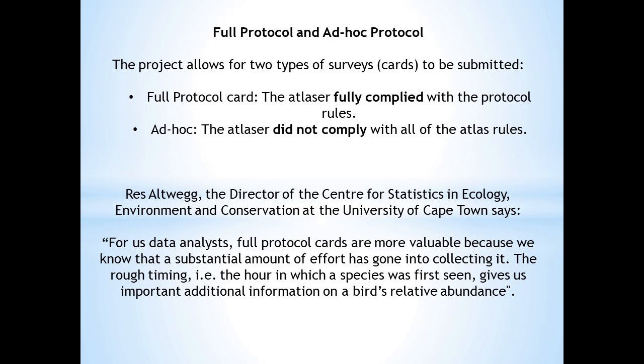For example, if we have 10 full protocol lists for a pentad, researchers can be more confident that most of the regular species have been recorded than if only one full protocol list was submitted. Rhys Altwick says, for us data analysts, full protocol cards are more valuable because we know that a substantial amount of effort has gone into collecting it.